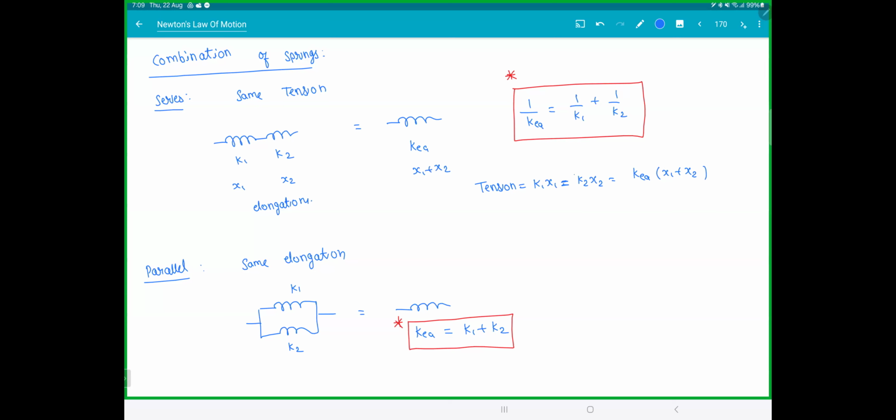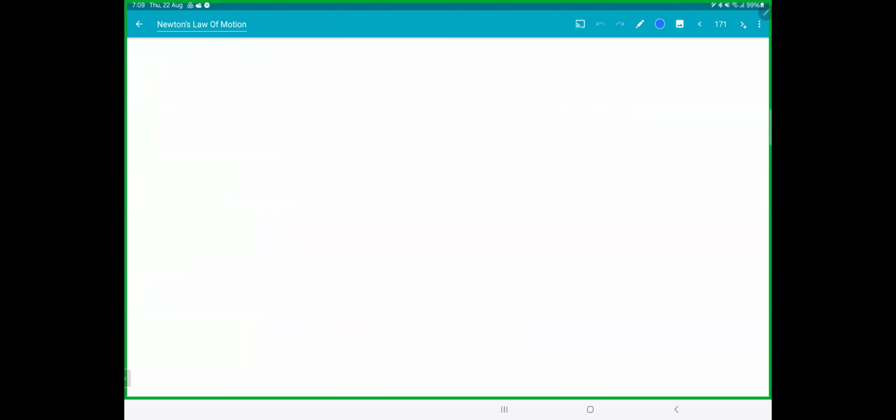Then there is something even better than this. What happens if you cut a spring? When you have a spring like this, the spring constant K is actually given by YA by L, where A is the area of cross section, meaning how thick the spring is.